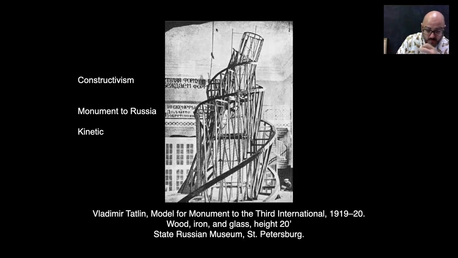It was made of wood and iron and glass, and the building itself would have just been wrought iron, cast iron and glass, and would have actually rotated, and it's in thirds. There's three different sections. The bigger section would rotate every year. The middle section would rotate every month, and the top section would rotate every single day.